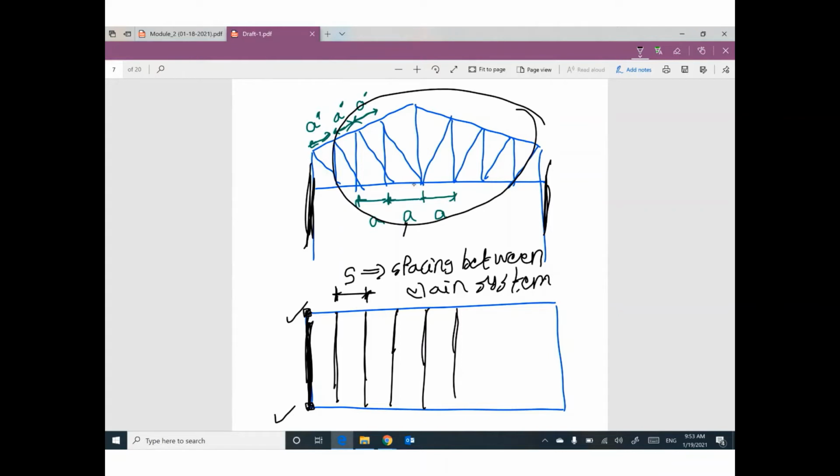A is the horizontal spacing for the truss. A prime is the inclined spacing.